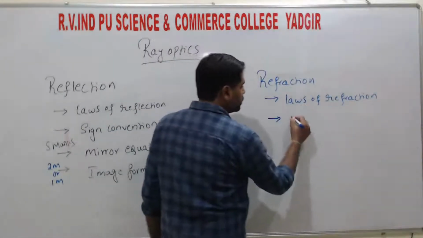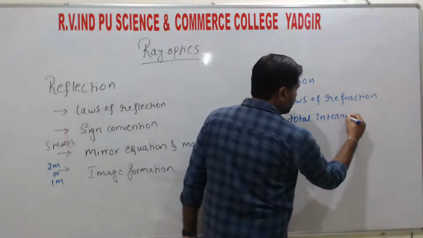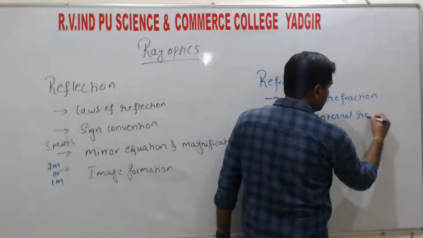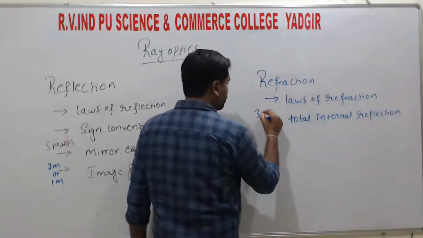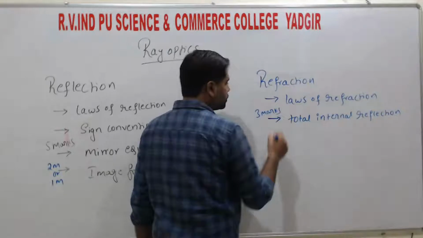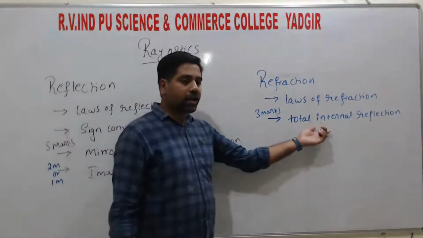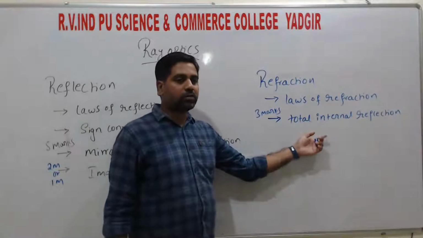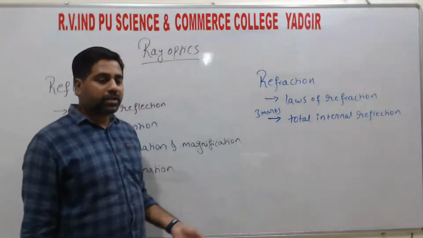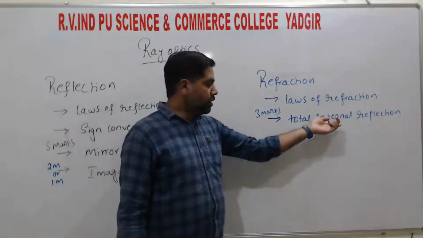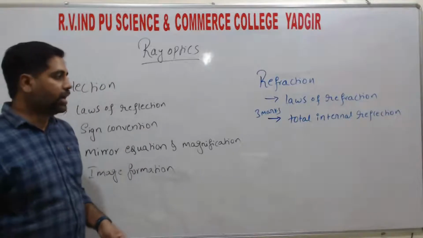So next is total internal reflection. So this is important for 3 marks. They ask for the definition of total internal reflection and the conditions for total internal reflection, or they may ask for the applications of total internal reflection and what is critical angle and how it relates with the refractive index, right?